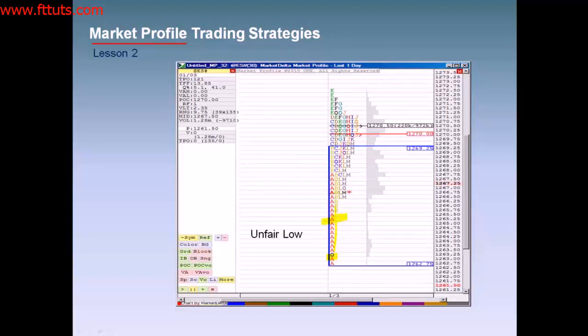And sure enough, okay, we have an up day. Our close was fairly higher than our open. Not much of a range, but we did get an upward movement. This was what we would call a buying tail. We could also describe it as an unfair low or price acceptance. The market loved and accepted these prices and decided to take them higher.